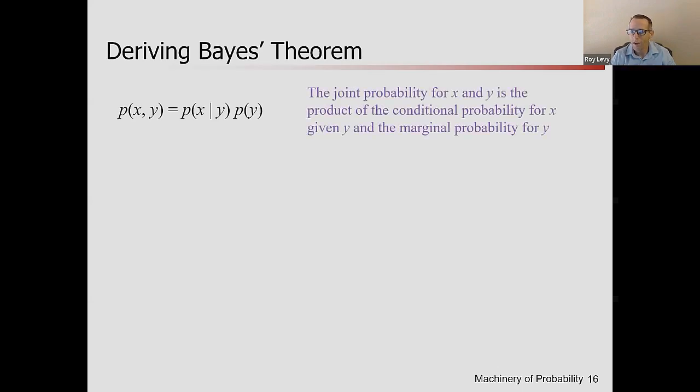We've got two variables, x and y. And the joint probability is what's on the left-hand side, the probability of x and y. And as we said, we can express that as being equal to the probability of one of those things, y, multiplied by the conditional probability for the other, x, given y.